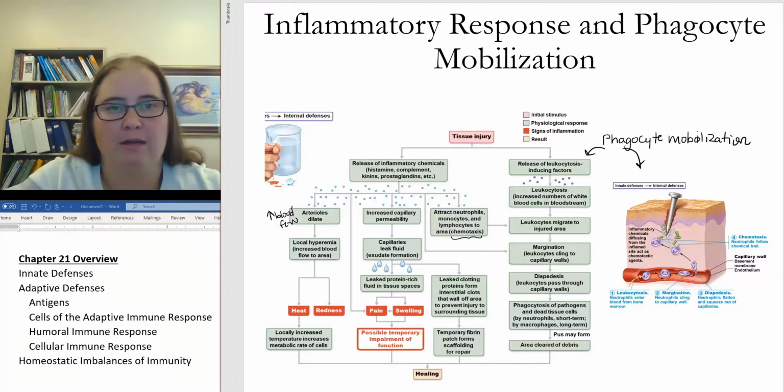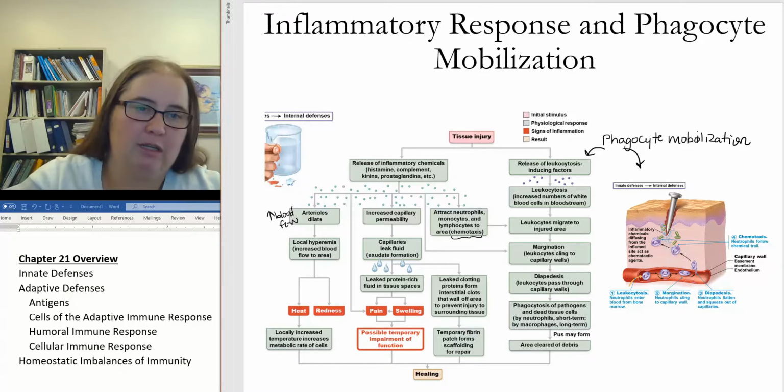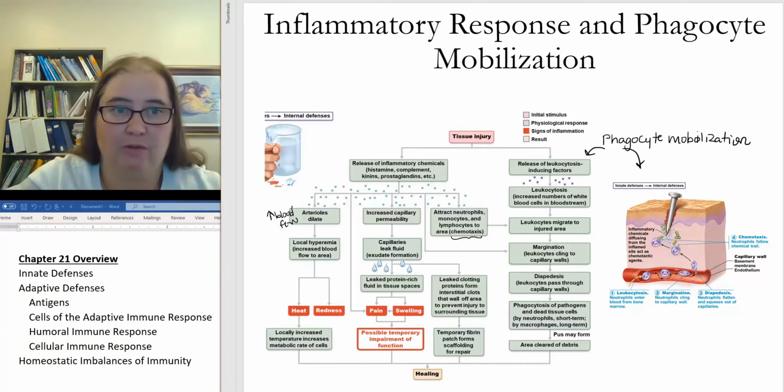So the words are here, and you can visually see it here, right? So we have our tissue injury, okay? And what happens is, again, chemicals are released from the injured tissue, and this promotes leukocytosis, which is the release of neutrophils from our bone marrow in response to these chemicals being released.